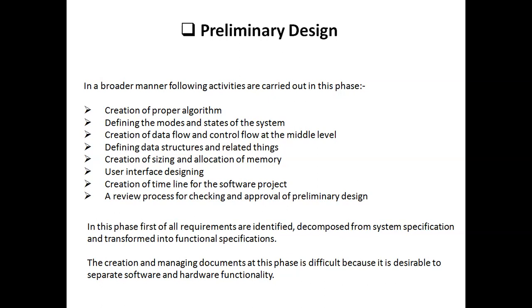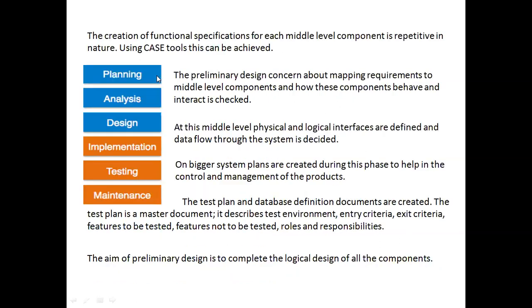In this phase, first of all, requirements are identified, decomposed from the system specification, and transformed into the functional specification. All the requirements are transformed. Next, the creation of functional specification for each middle level component is repetitive in nature.